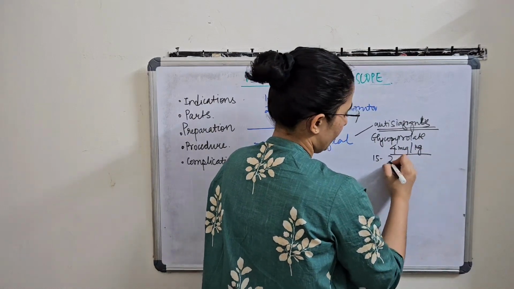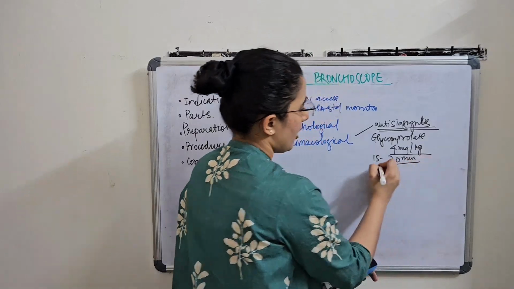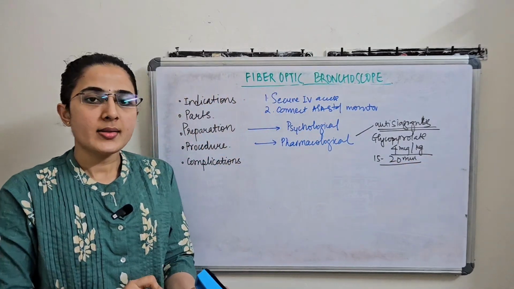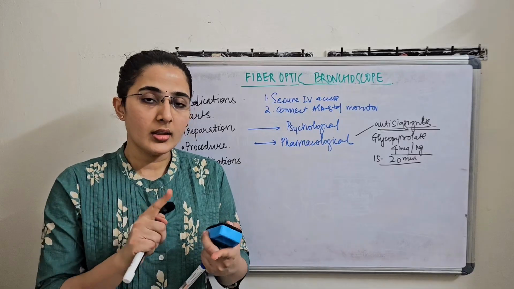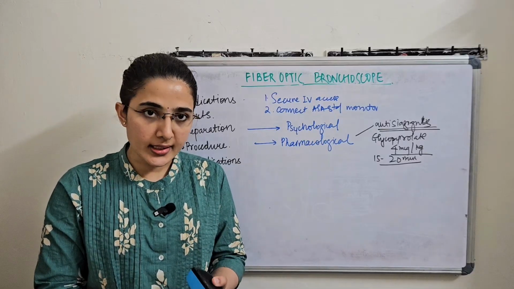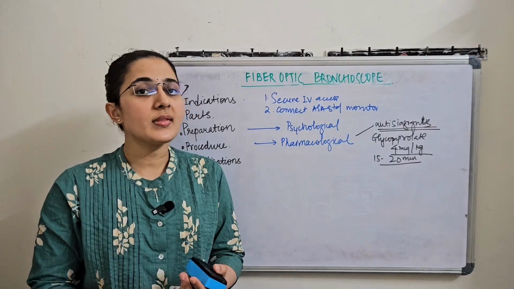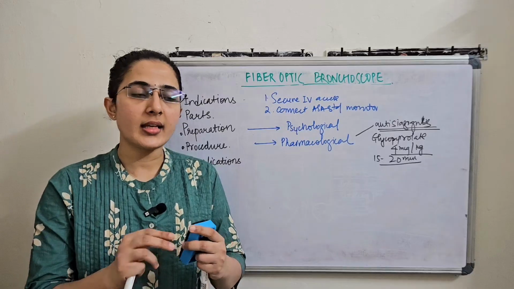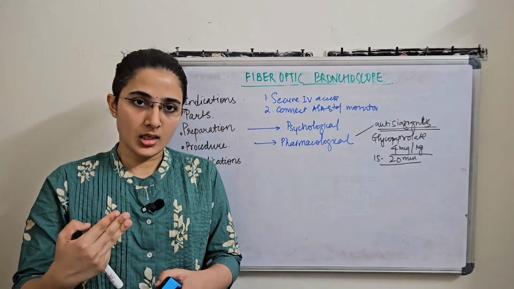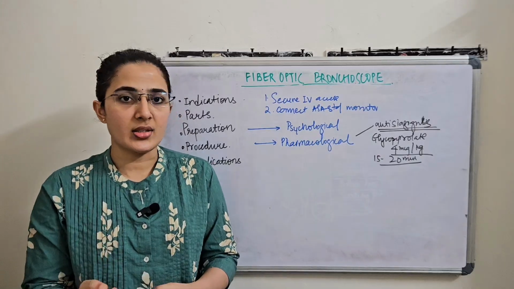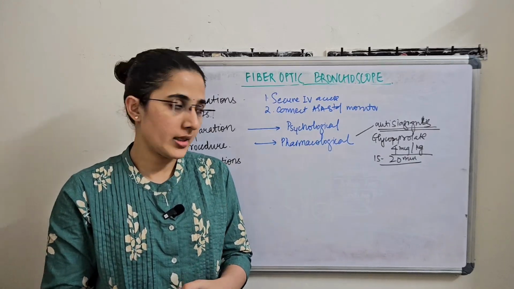This is given 15 to 20 minutes prior to the procedure. As I said, it helps in drying up the secretions. It will also reduce the local anesthetics getting diluted and gives a clear vision and prevents the camera from getting frequently fogged or affected by the secretions, so the image will not be blurry.